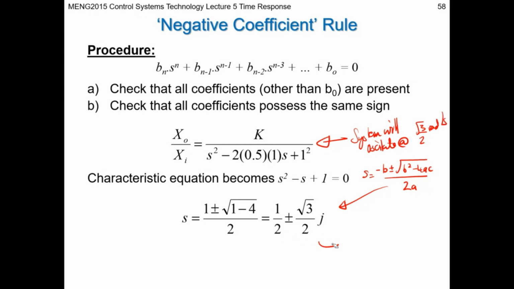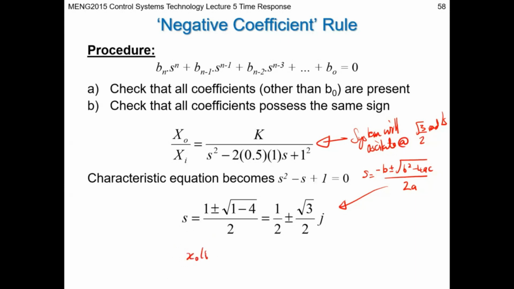But you also note that this term here is positive. Now, remember this s is the root, and the roots give us our general output function.